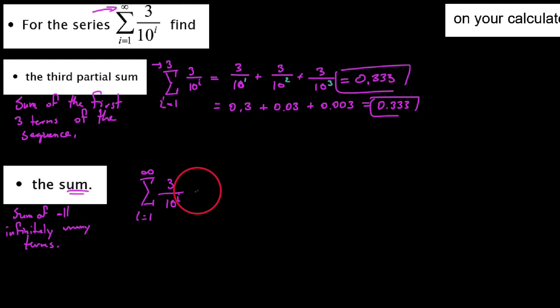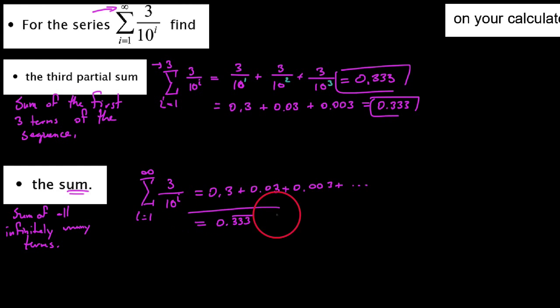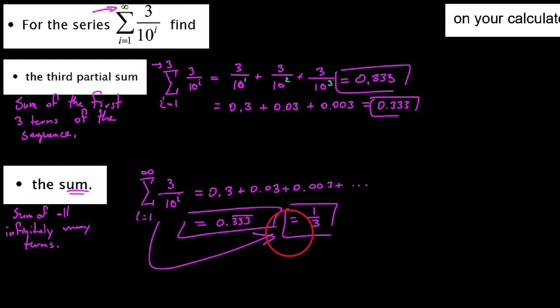If this pattern were to continue, essentially 0.3 plus 0.03 plus 0.003 plus ... and this keeps going, you could see how this would approach 0.333 repeating indefinitely. So the sum of all infinitely many terms of this sequence actually adds up to be a thing that's not infinity. It adds up to be a third.